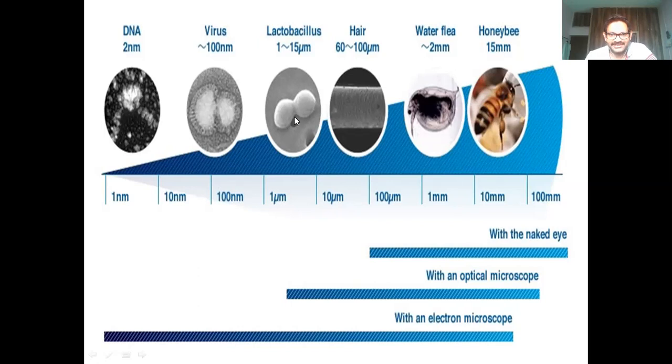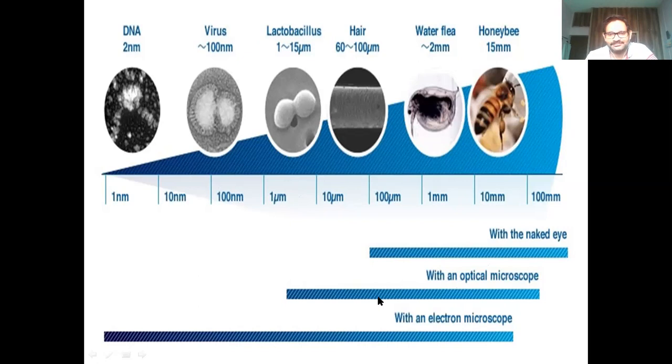So bacteria. If you want to see bacteria, you normally require an optical microscope. Bacteria in the range of 1 micrometer to 10 micrometers we can see with an optical microscope.